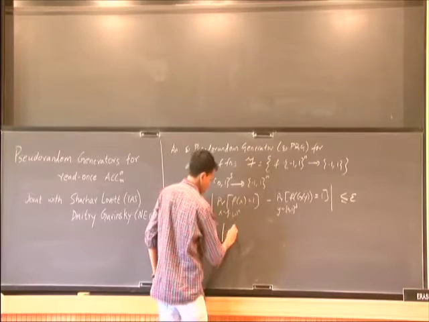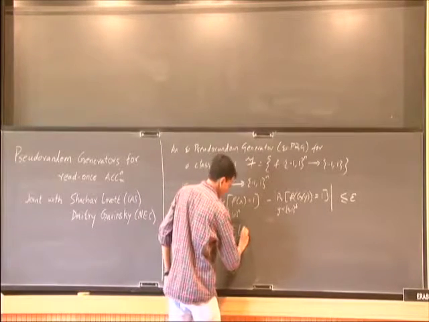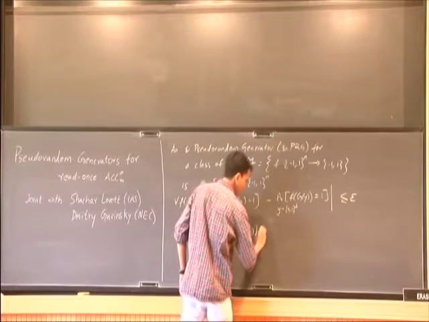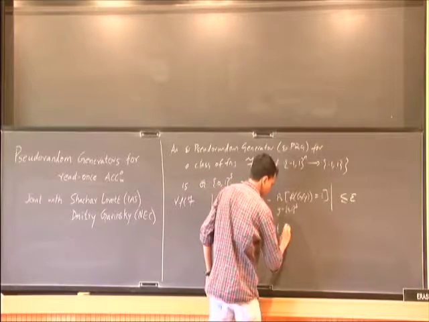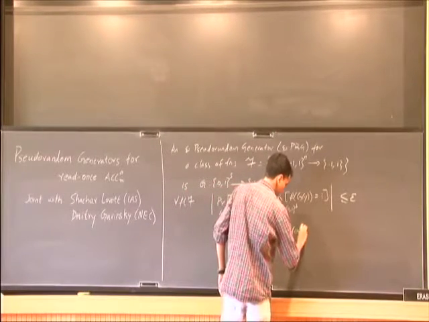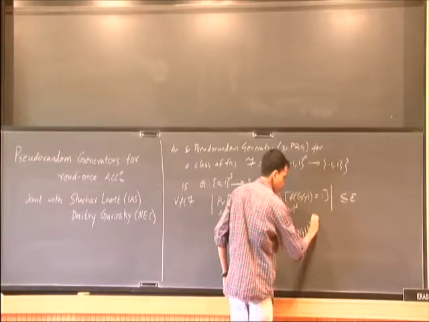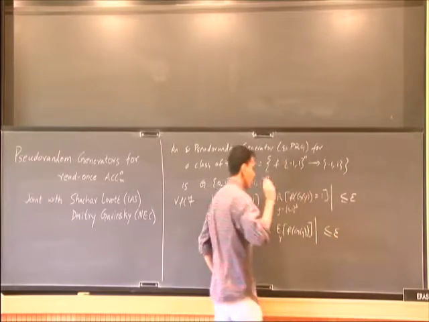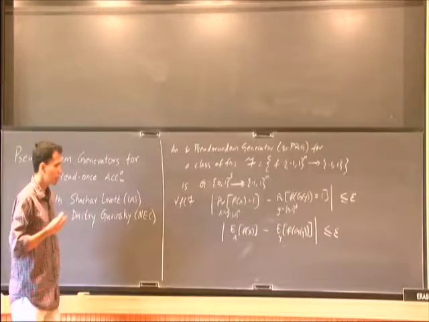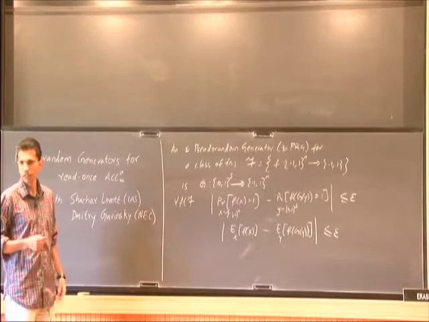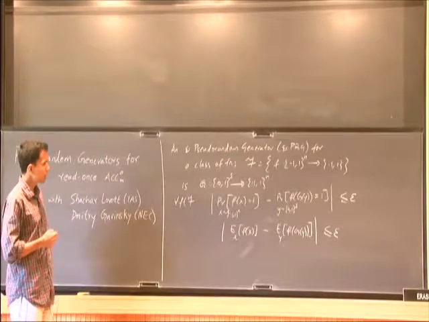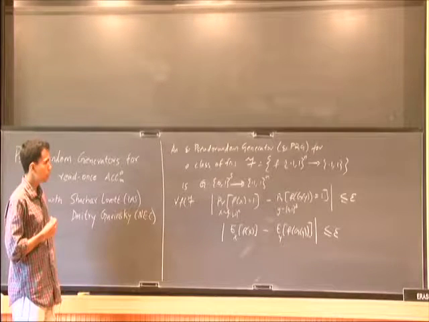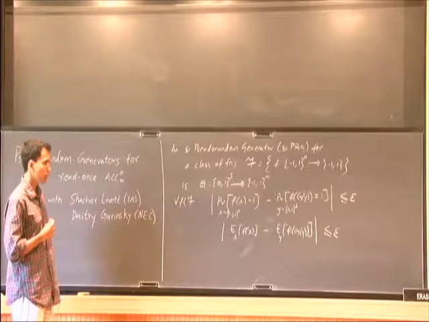Equivalently, I could also say it another way; the two definitions might be off by a factor of 2 or something. Right. So this is what it means to be a pseudorandom generator for a class of functions.